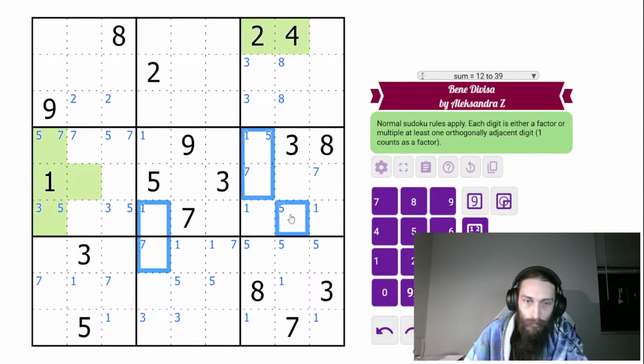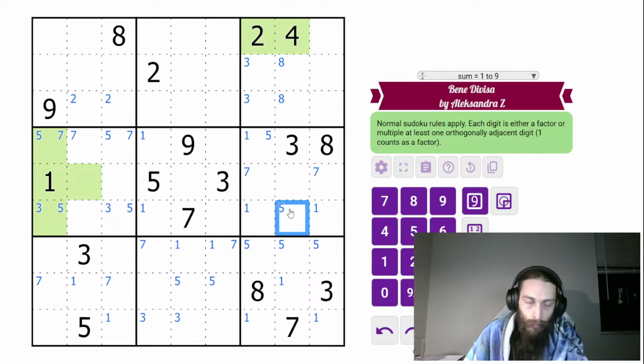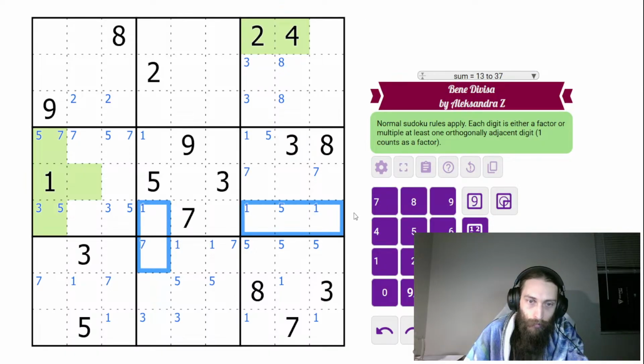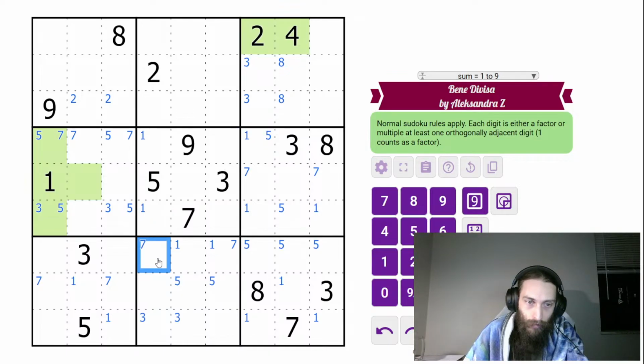Oh, and then that 5 wouldn't work, because this 5 can't have a 1 below it or above it, so it has to be to the left or right. But this 7 takes the 1 away from the left or right. So this can't be 7.